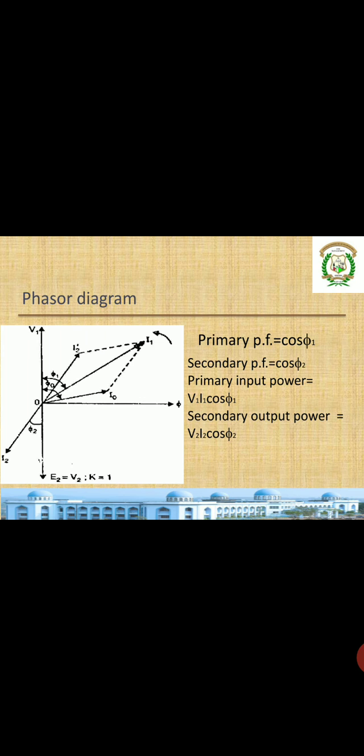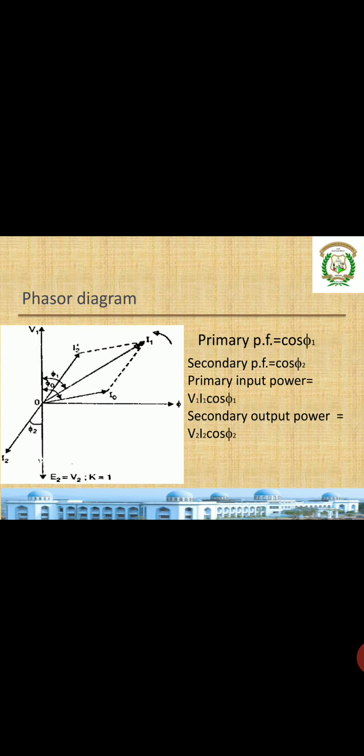When load is connected, current I2 flows to counter the MMF created by I2 and N2. On the primary side, current I2 dash flows. You can see there I2 dash is exactly opposite to I2, and the phasor sum of I2 dash and I0 is given as I1. The angle between I1 and V1 is taken as phi1, the angle between I0 and V1 is taken as phi0, and the angle between V2 and I2 is taken as phi2.